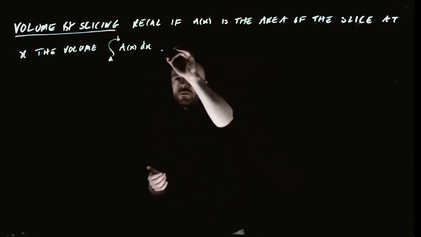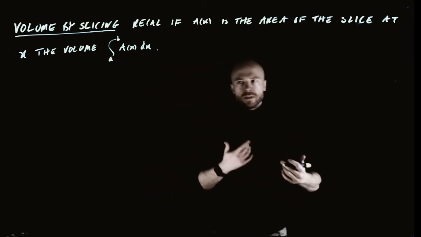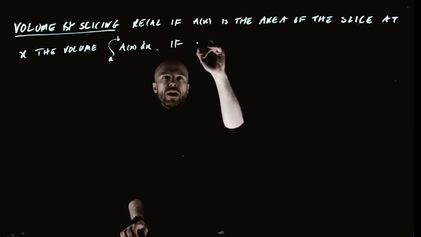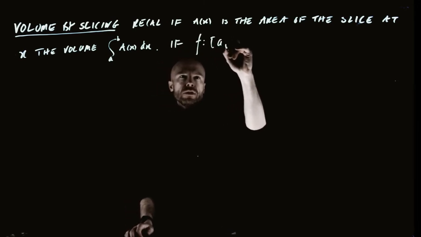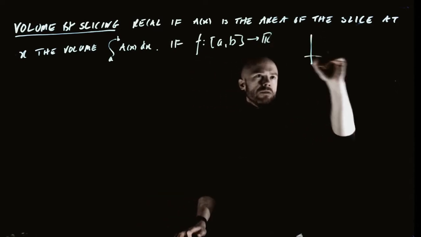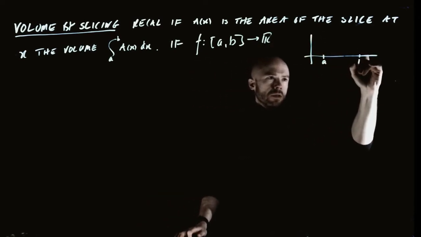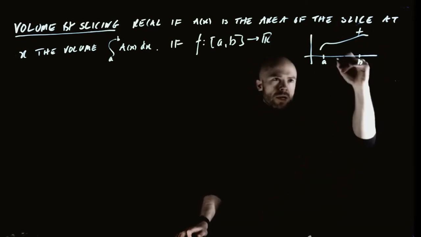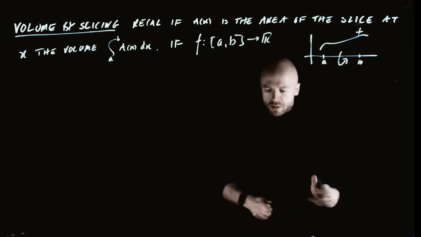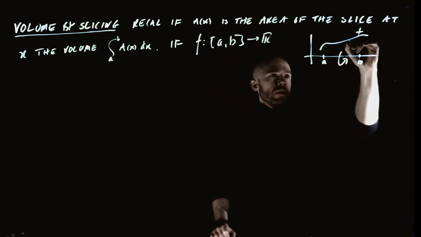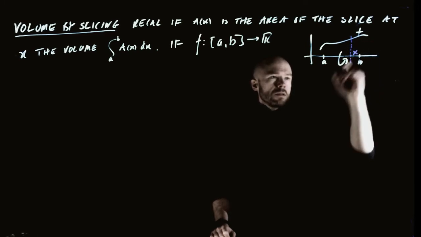Yeah? And then we've done quite a number of examples where we considered the special case of volumes of revolution. So if we have, say, f, this is the simplest manifestation of volumes of revolution. We have some function over some interval, a to b. This is our function f. We rotate it around, produce our solid object. And then for every x between a and b, we take a slice like this. Yeah?